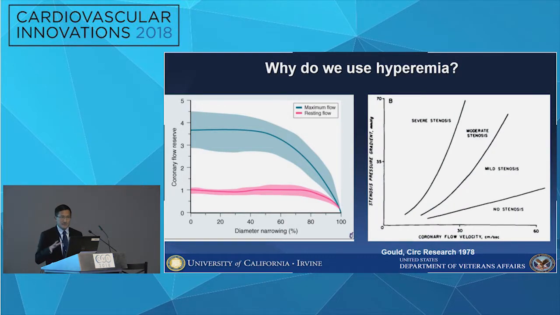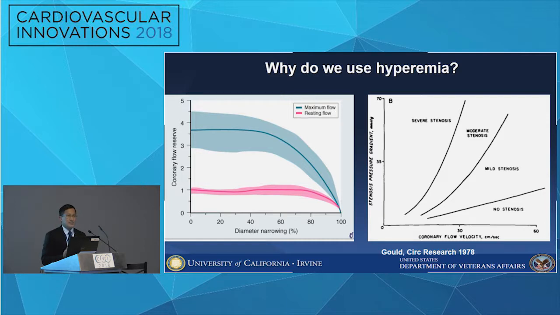So this is actually one of the critical slides and probably one of the centers of all the debate at this point. Why do we use hyperemia? When you go back to the original dog experiments from Gould in the 70s, what he would do would be apply an external constriction to a dog model, where he would actually apply a 50% stenosis, a 60% stenosis, a 70% stenosis.